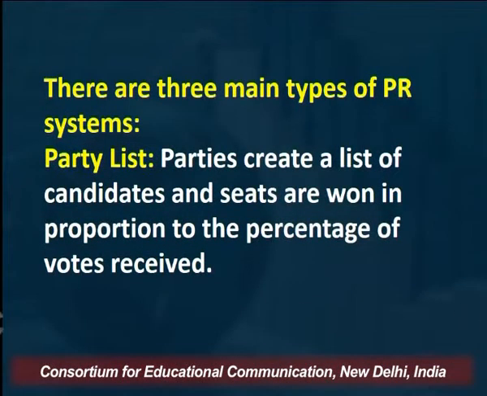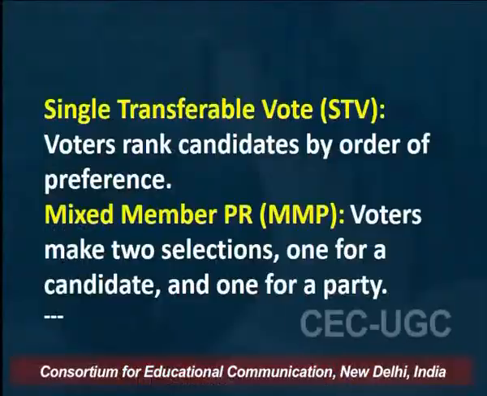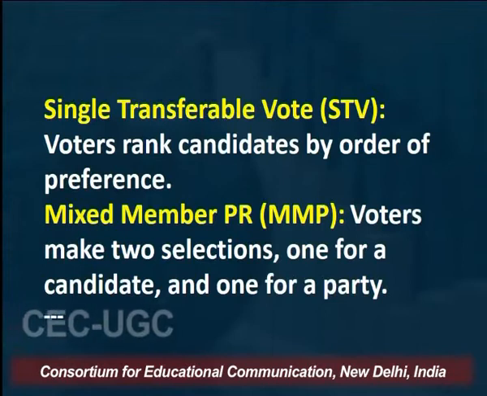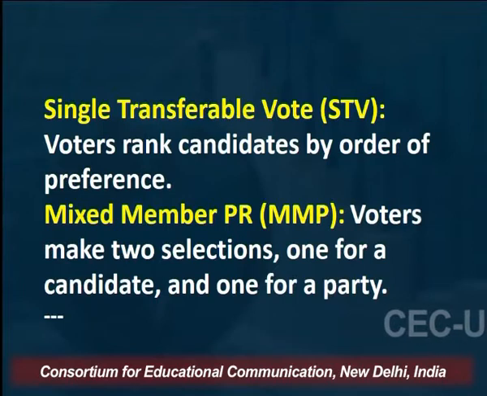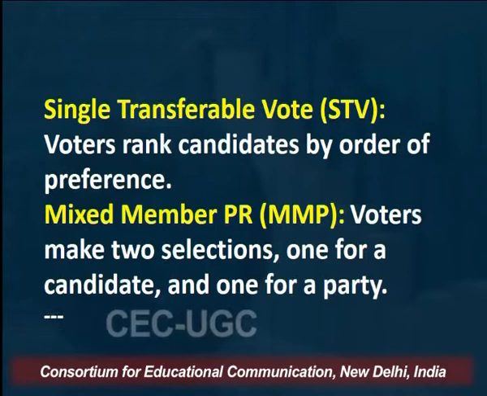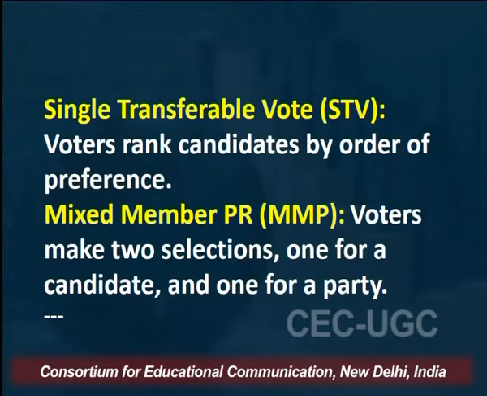Party list, that is, parties create a list of candidates and seats are won in proportion to the percentage of votes received. Single transferable vote, that is, voters rank candidates by order of preference. Next, mixed member proportional representation, that is, voters make two selections, one for a candidate and one for a party.